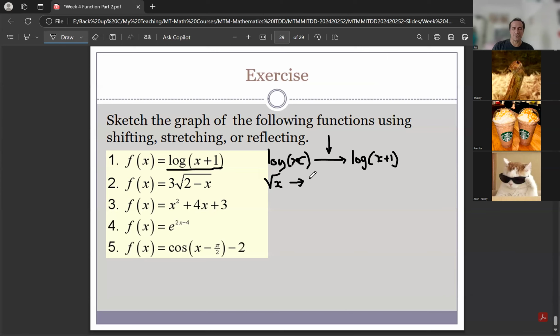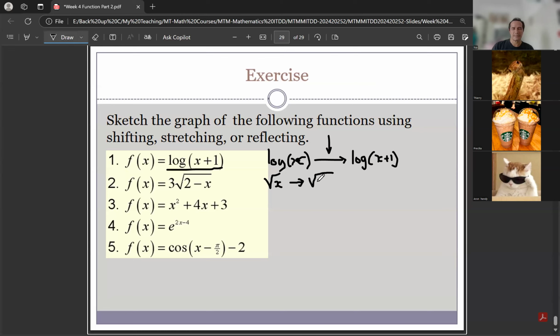So after that, you must shift them. We must reflect it first.